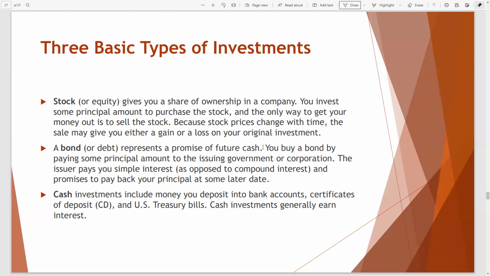And also the cash investment includes money you deposit in the bank, certificates of deposit, and US Treasury bills, right? Cash investments generally earn interest. But when you put money into a bank account like a saving account, it simply will not be that much, right?